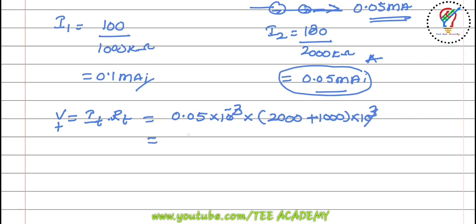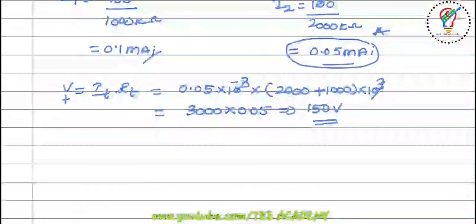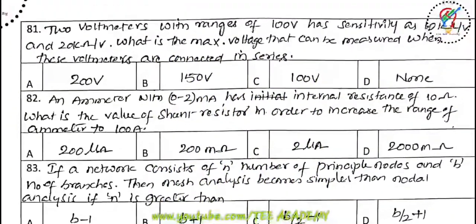Now 3000 into 0.05 is finally 150 volts. So the series combination of these two will measure a voltage of 150 volts. Among the options, the correct option is B.